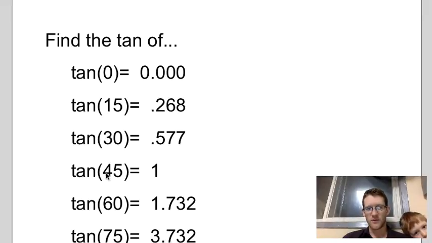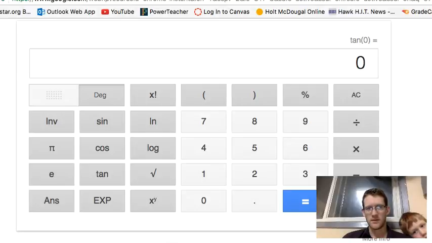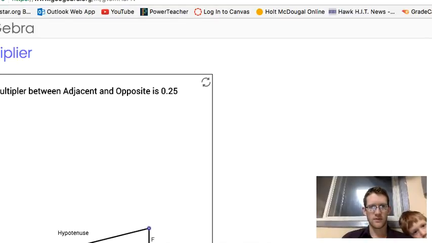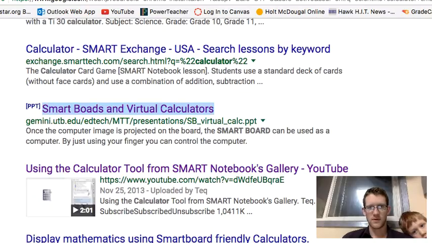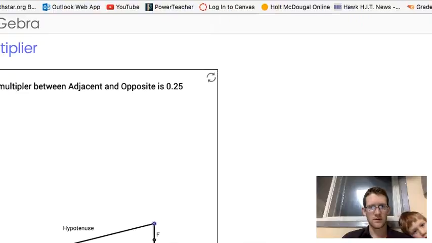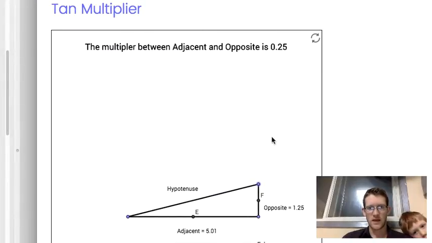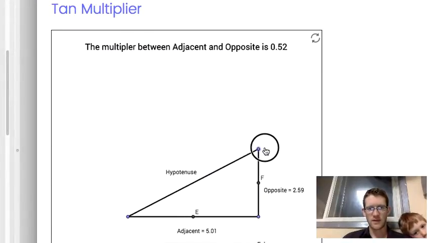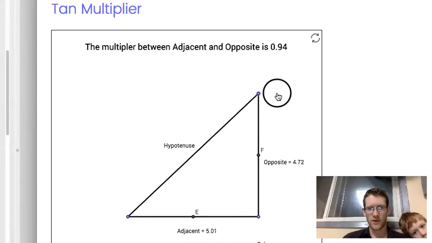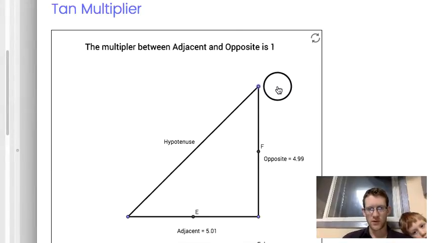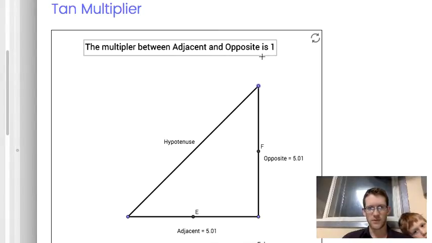But as we get up toward 45 degrees, remember this one here. Remember this one here? As we get up toward 45 degrees, a nice 45-degree angle, we start approaching, what, a 1-to-1 ratio, right? So a 1-to-1 ratio, when you divide it, becomes 1.